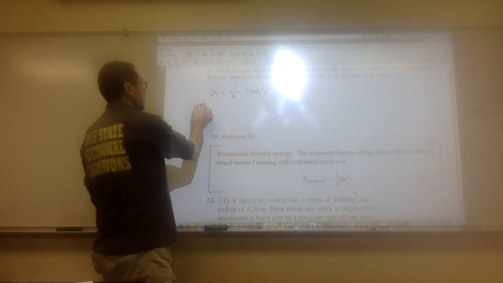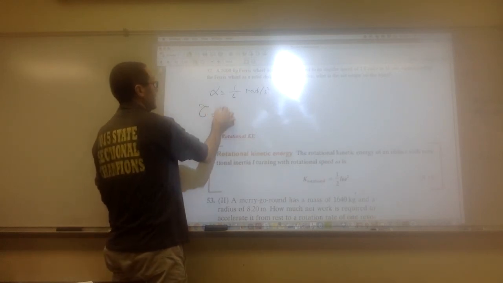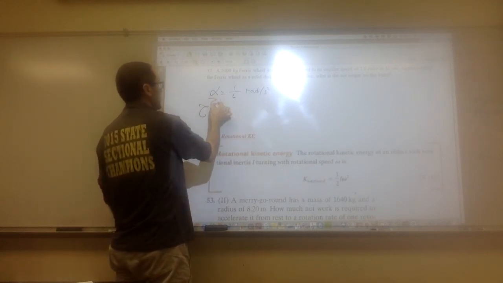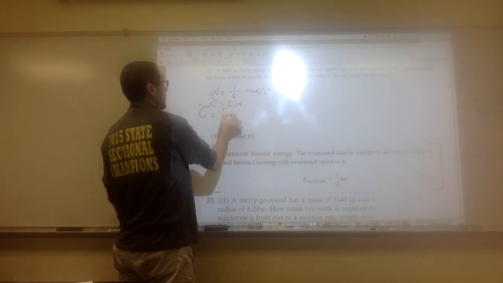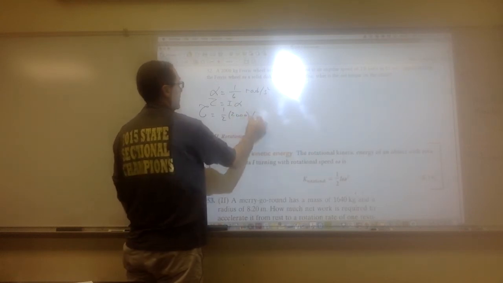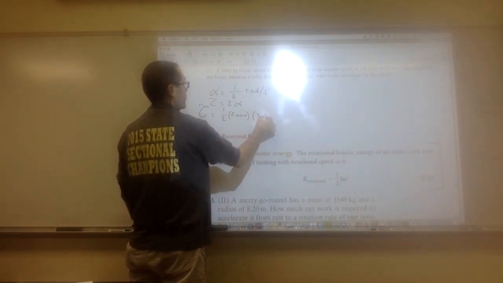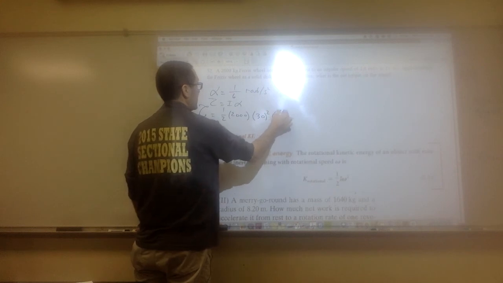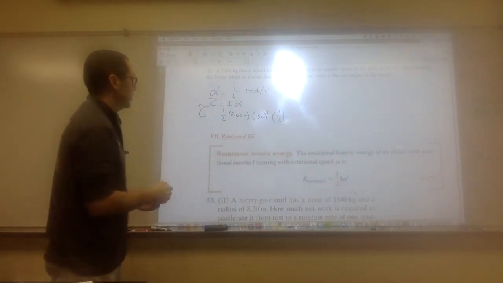What's the net torque? So torque equals I alpha. I is 1/2. We're going to do the I for a disk, 1/2 m r square times 1/6. And again, you could probably do this mentally.